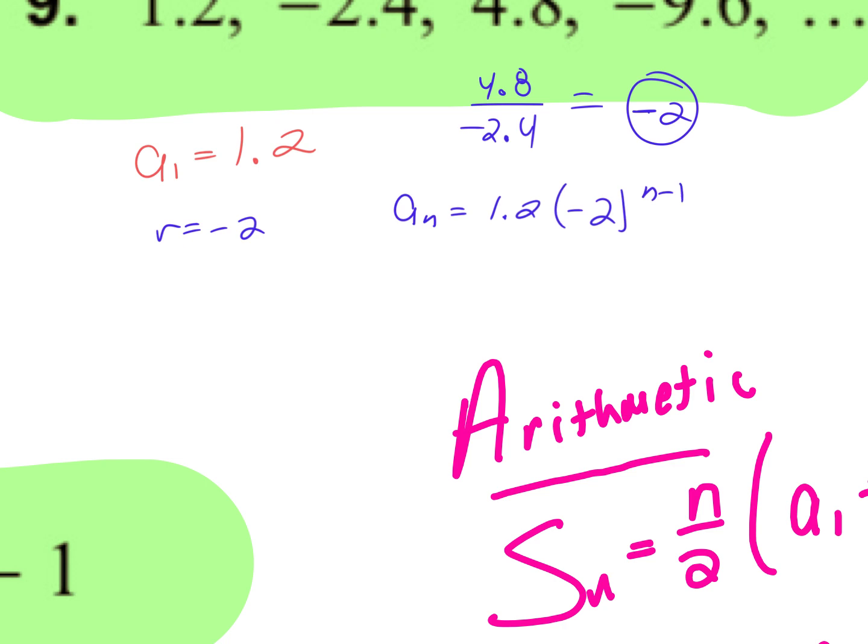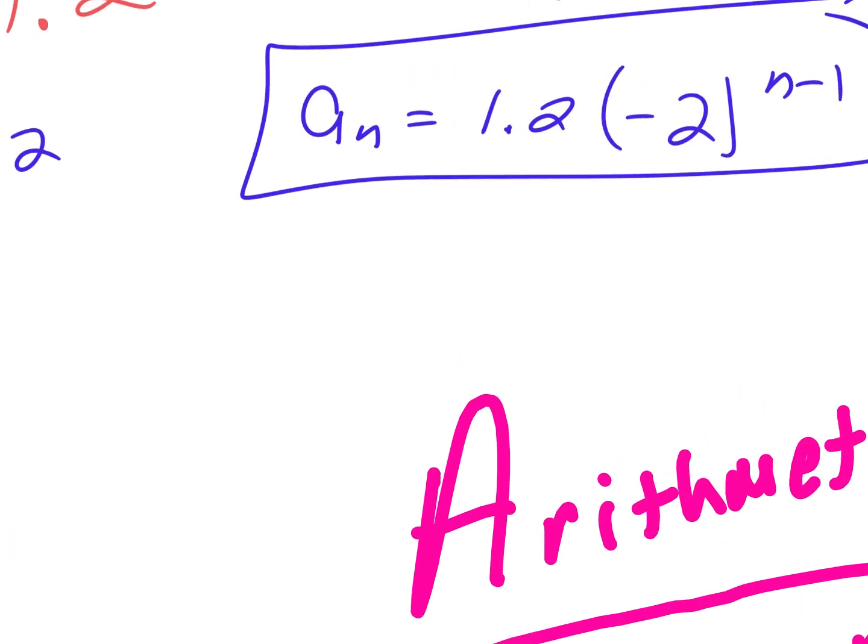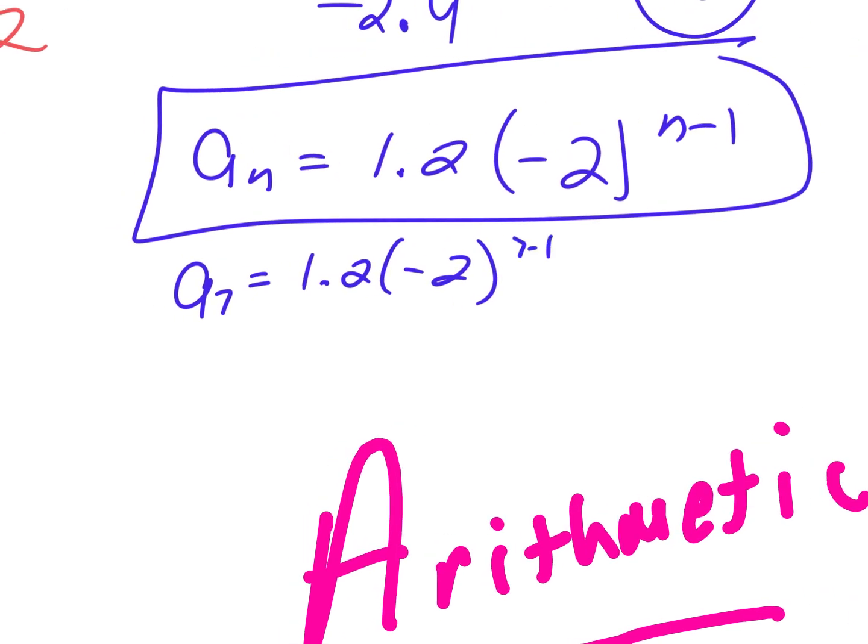So in a case like this, Jordan, when it starts off with decimals, decimal answers are perfectly fine. So if you're going to find the 7th term, a sub 7 equals 1.2 times -2 to the 7 minus 1. So 1.2 times -2 to the 6th power. Again, what are you gonna do first? What's your calculator gonna do first? -2 to the 6th power.